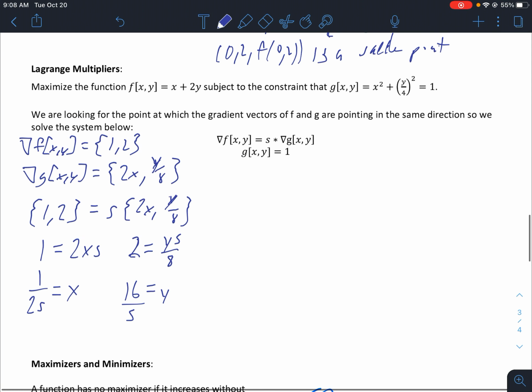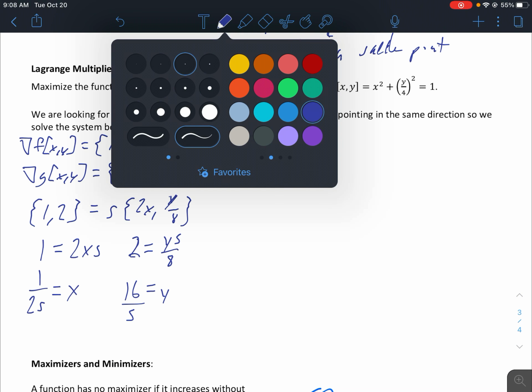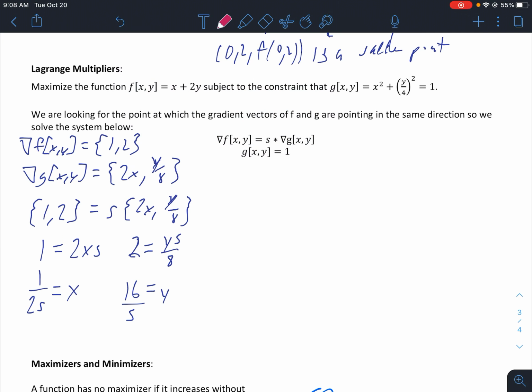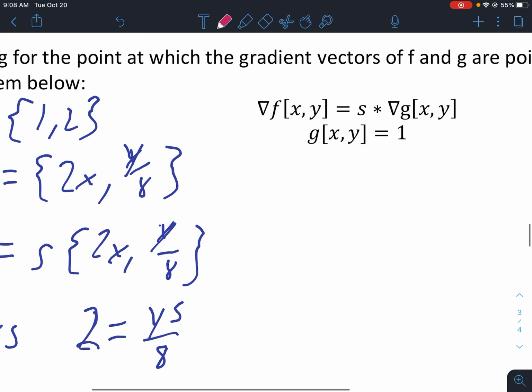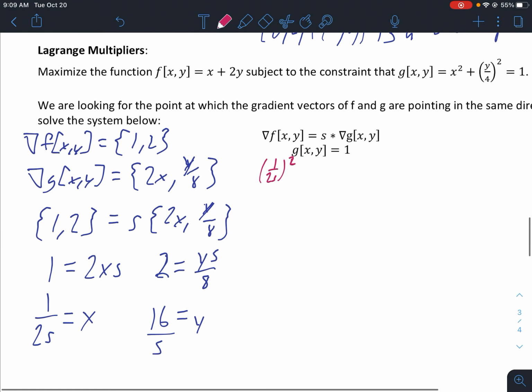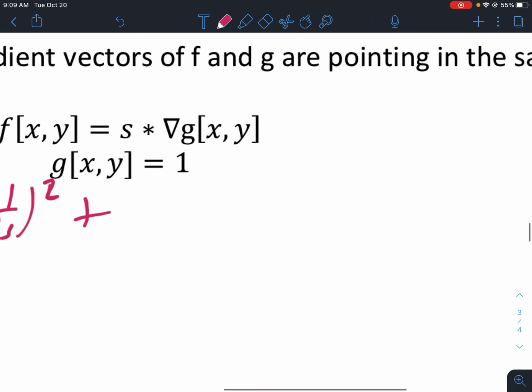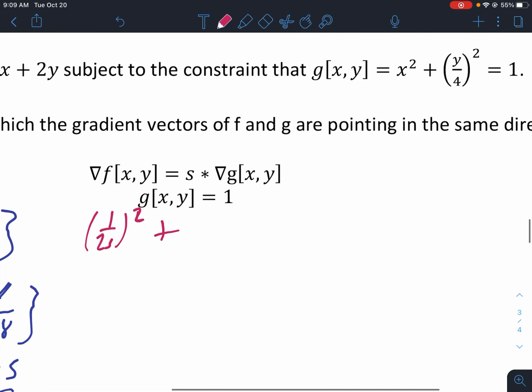Then we're going to take that second equation, g(x,y) equal to 1, and substitute x and y in. So x is going to become 1 over 2s, and y is going to become 16 over s, so it's going to be 16 over 4s.